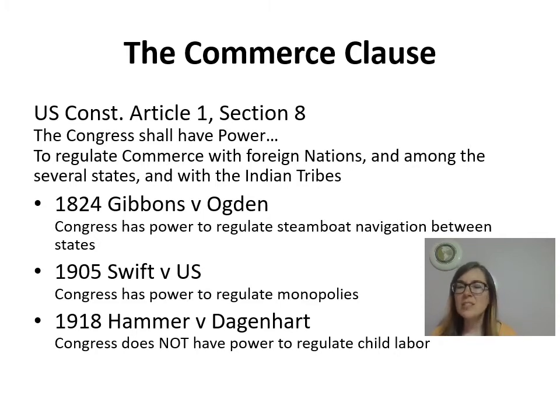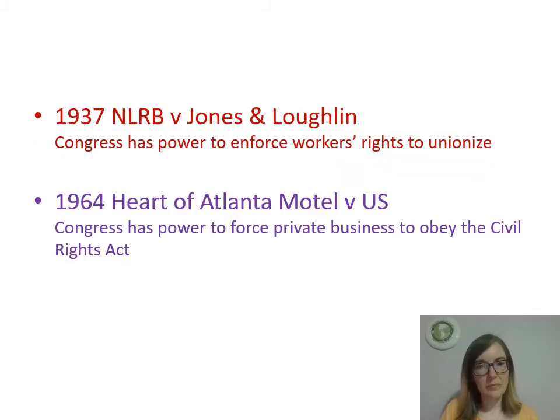So Congress has this broad power for things that are relevant to improving the national economy, but child labor is legitimately a state matter. So whether or not you are allowed to use children in factories, that should be decided on a state-by-state basis. So this was the kind of thinking of the courts during dual federalism.